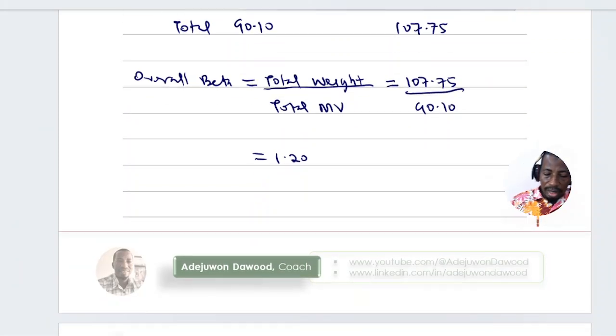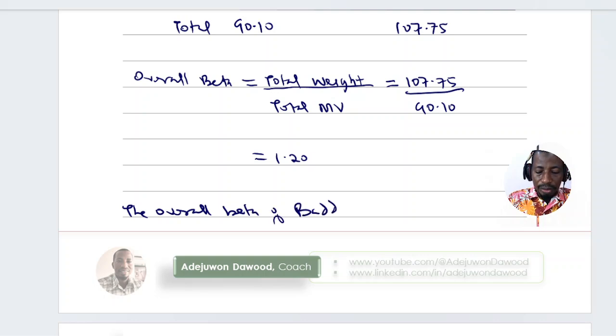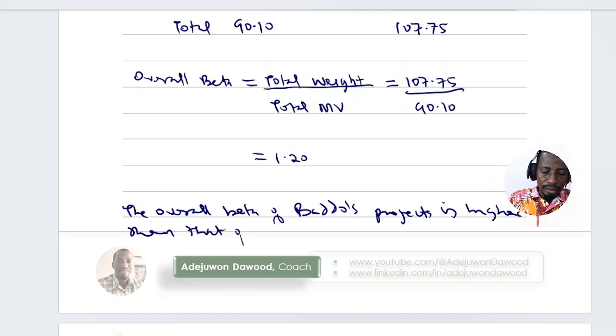So I can then interpret this to say that the overall beta of Bado projects is higher than that of the market, which is 1.